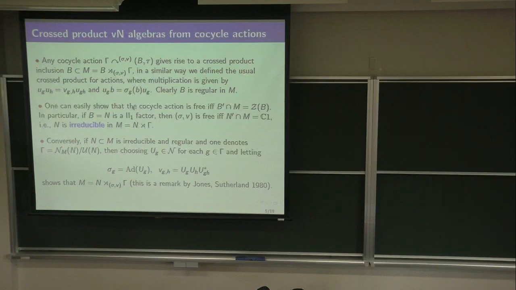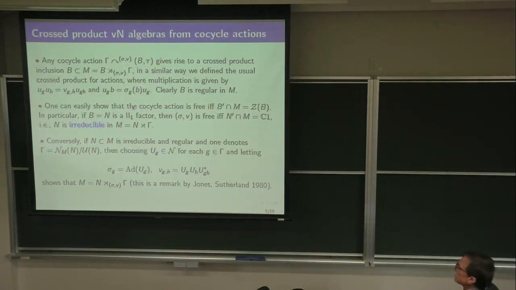I remind you that this we did, also on the previous page, for cocycle actions on arbitrary von Neumann algebras, but let me remind you that when you act on a II1 factor, freeness in general amounts to this condition: B prime intersected with M is the center of B, and in the case of acting on a II1 factor, that amounts to N being irreducible, having trivial relative commutant in the cross product.